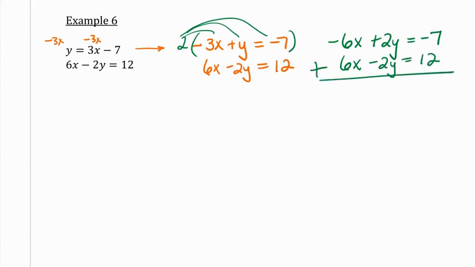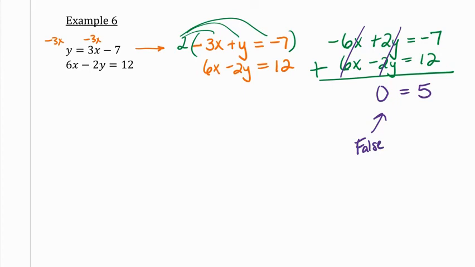Now when we go to add these, look what happens. My x's eliminate. My y's eliminate. So everything ended up being 0x and 0y. That would just leave us with 0 on the left side. And then -14 and 12, that makes -2. Okay, now this should look familiar. 0 does not equal -2. That is a false statement.